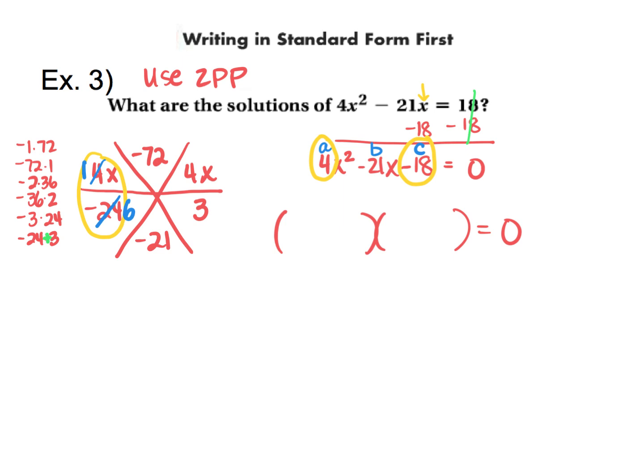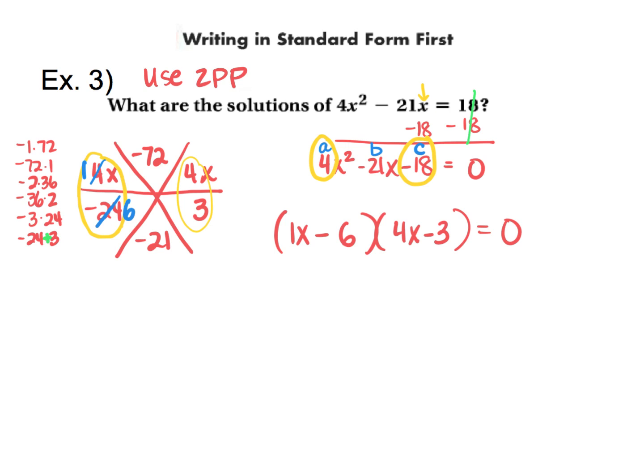So we're left with 1x, and then a minus 6 is our first factor. On the other side, 4 and 3, nothing reduces 4 and 3, so we're left with 4x minus 3. So we've gone through the same process we were doing yesterday, making sure that we apply the star factoring method to come up with 2 parentheses.